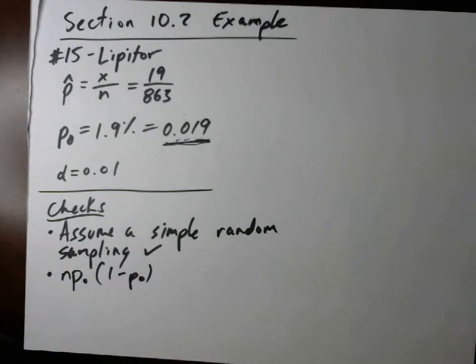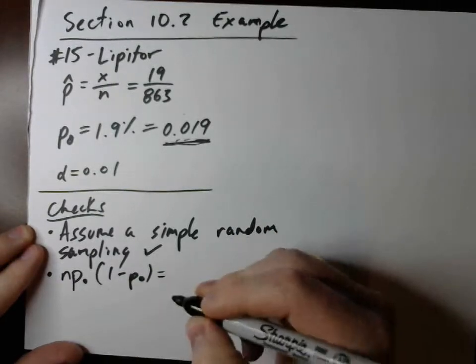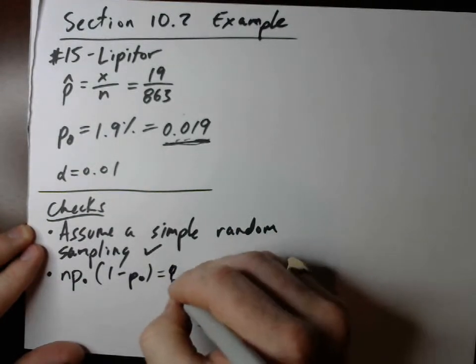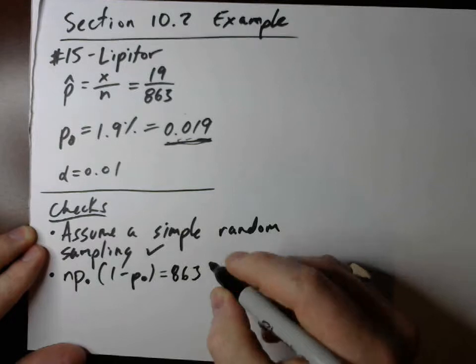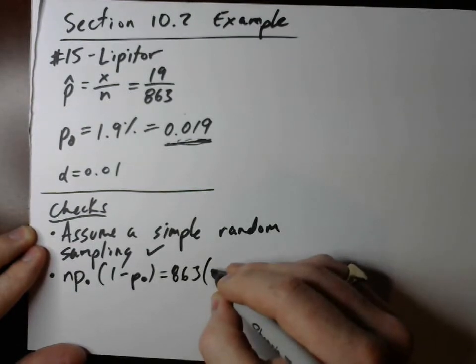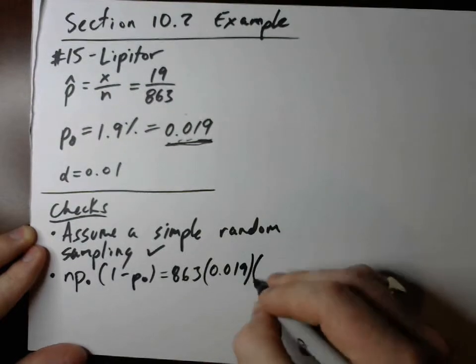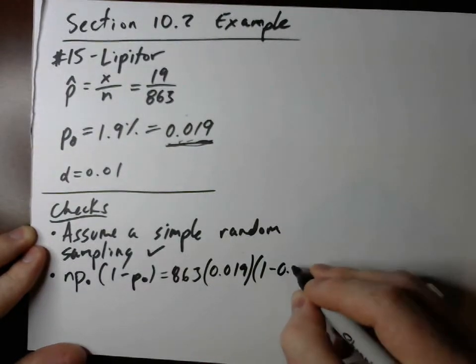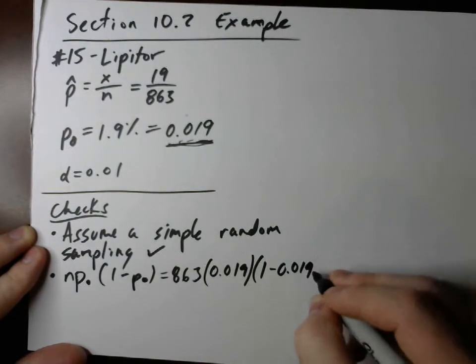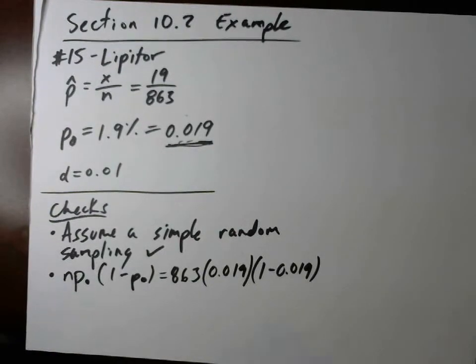So to do this check, we would need to plug in our values. Our n is 863. Our p naught is 0.019, and then 1 minus 0.019. So we calculate this.